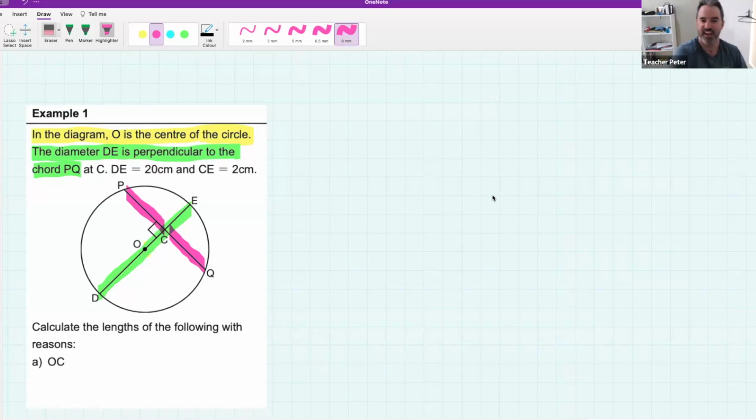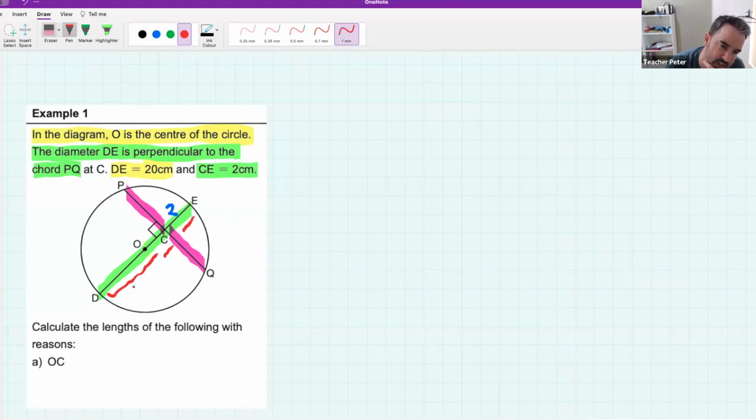Okay, so now it says, we know that DE is 20 centimeters, and we know that CE is 2 centimeters. So let's maybe even put, so CE is 2, and DE is this long diameter.